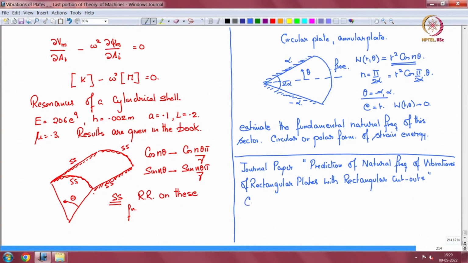It came out in this journal, Computers and Structures, volume 12, (819 to 823), 1980. The authors are R. Ali and S. J. Atwal.